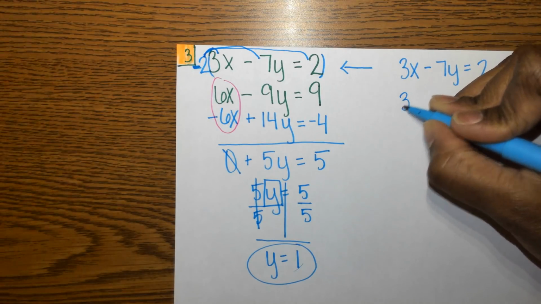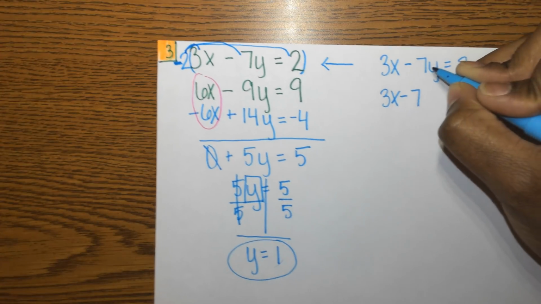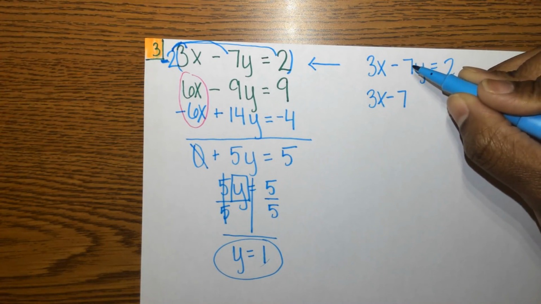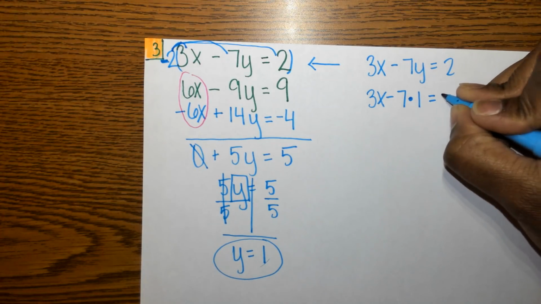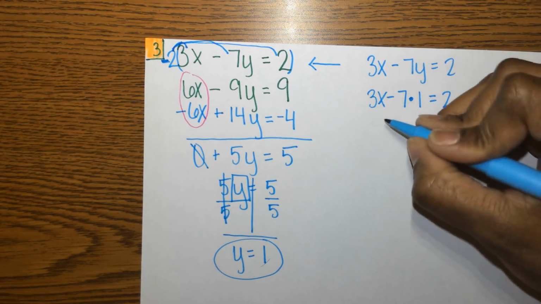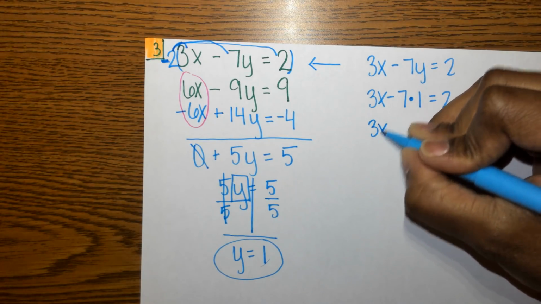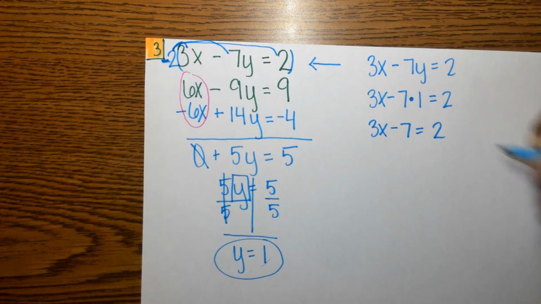So I'm going to say 3x minus 7. It was 7 times y originally, but I know that y is 1, so instead of saying 7 times y, I'm going to say 7 times 1. And it's still equal to 2. So I can keep going. 3x minus 7 times 1 is just 7, and that's equal to 2 still.